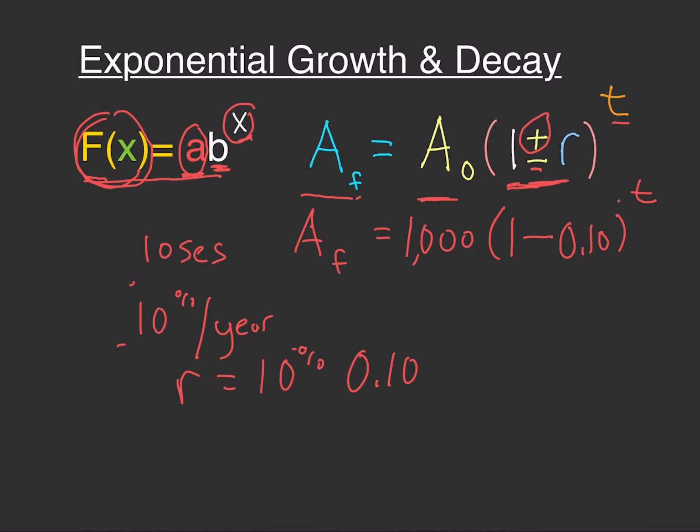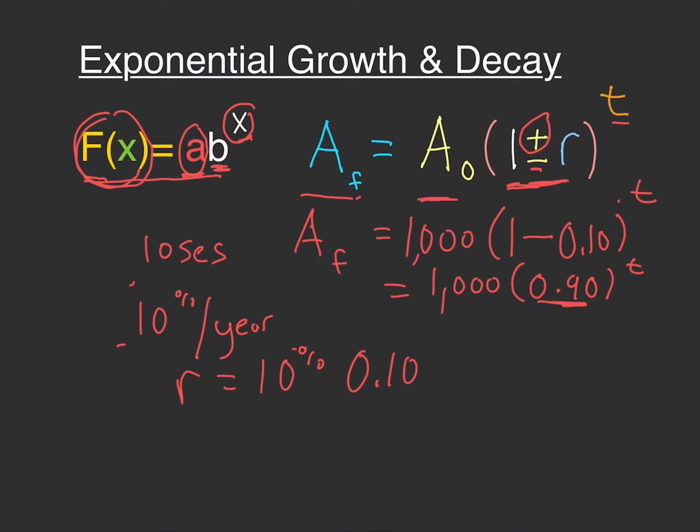And then when we simplify that, our final amount is going to equal the 1,000 of the original value, and when I do 1 take away 0.10, now I have 0.90. So you see the difference here? In the first one, the number inside here was greater than 1.